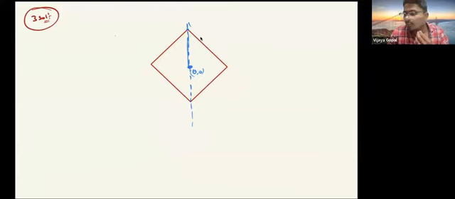Now, tell me, for this part, I know the center of mass or not? Very simply, I can find that. What will be the coordinate of that one?